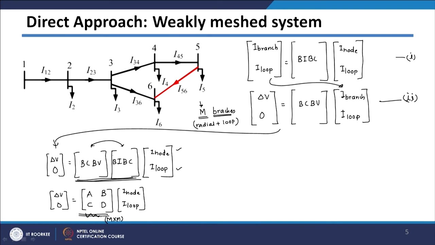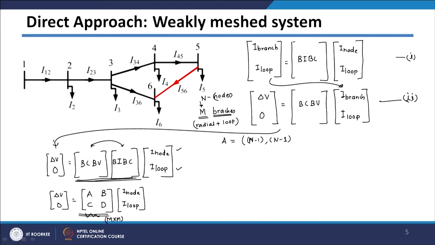Out of this, the size of the A matrix will be n minus 1 by n minus 1, where we know that n is actually the number of nodes in the system.